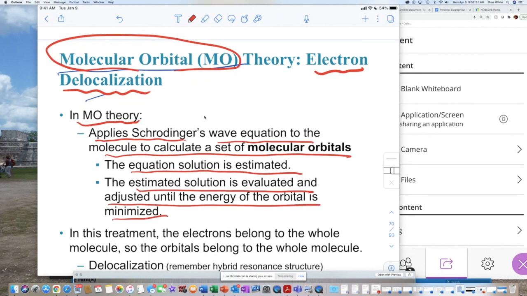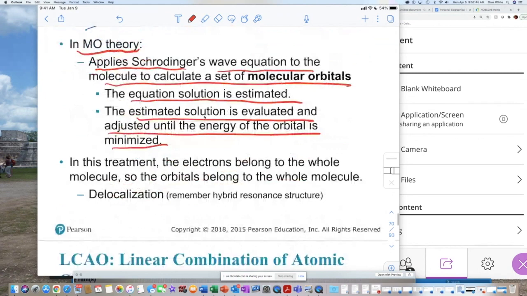So what we're doing here is we're making modifications to the solutions from Schrodinger's wave equation, okay, aka the orbital. And in doing so, in this treatment, the electrons end up belonging to the whole molecule, not just the elements or the atoms in the molecule.